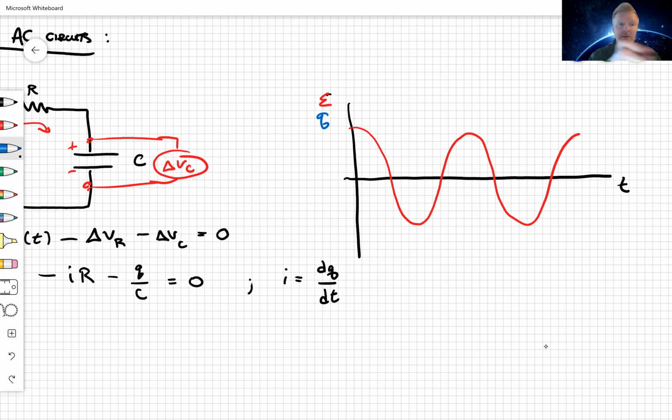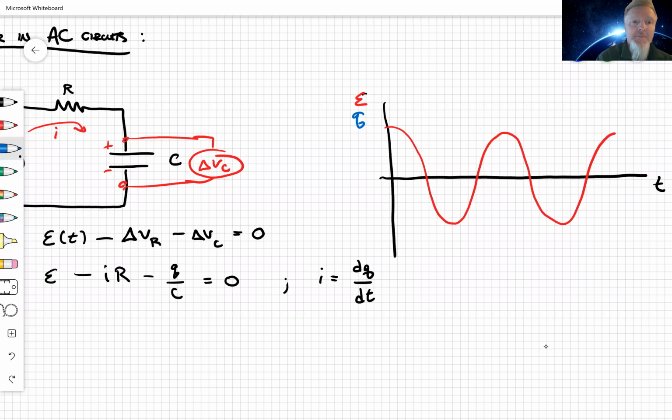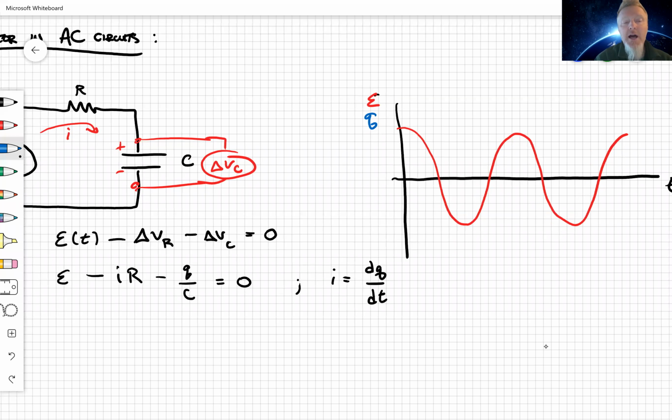Because look, if current was going clockwise and then suddenly the voltage went to 0 and started going counterclockwise, now the positive charge is leaving that plate and going onto the bottom plate. Which means that the charge of the capacitor started at 0 and became a peak right there.